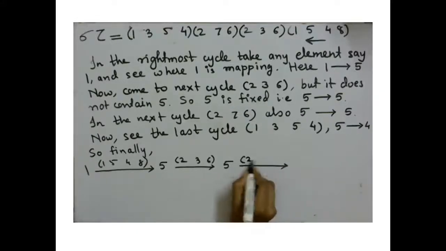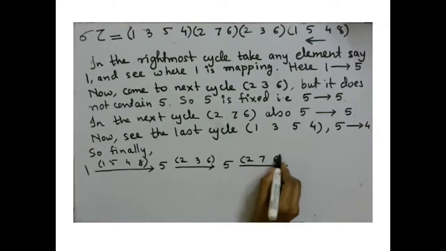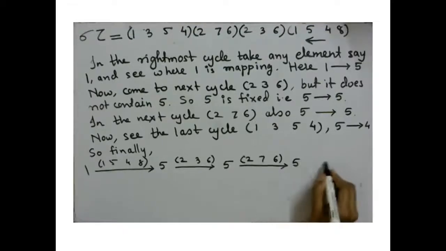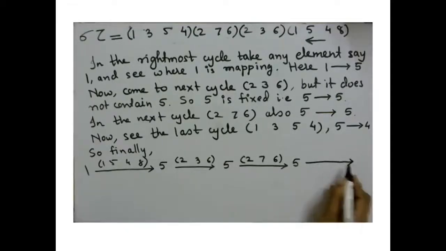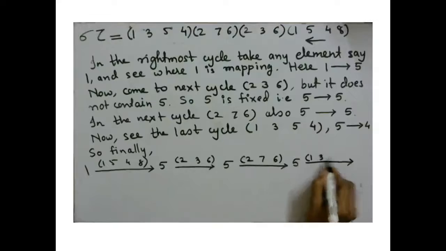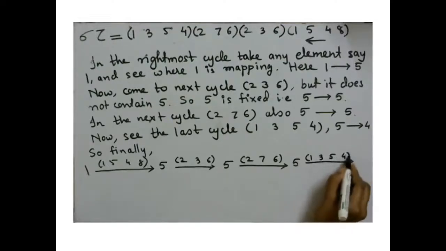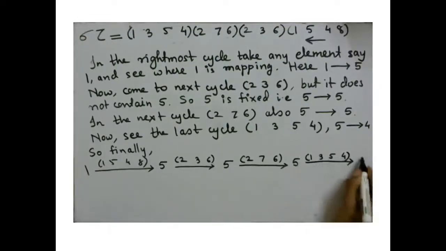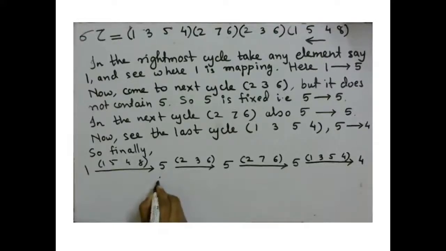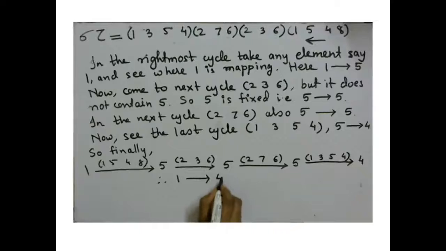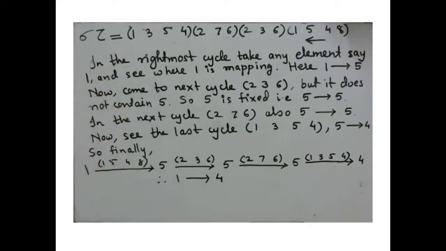Again in the next cycle (2, 7, 6), 5 is not there, so 5 is fixed. And in the last cycle (1, 3, 5, 4), you observe that 5 maps to 4. So what is the conclusion finally? That 1 maps to 4 in the multiplication sigma tau.